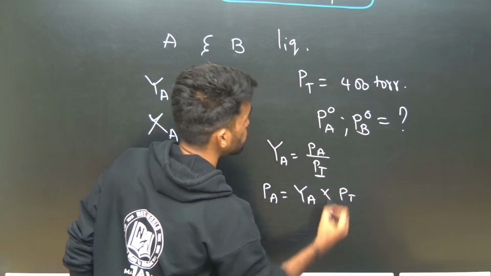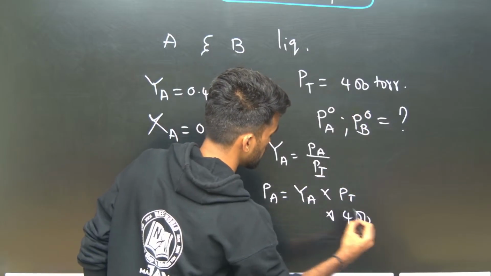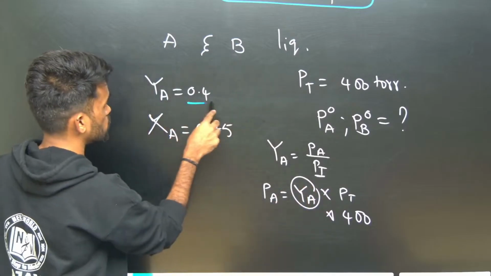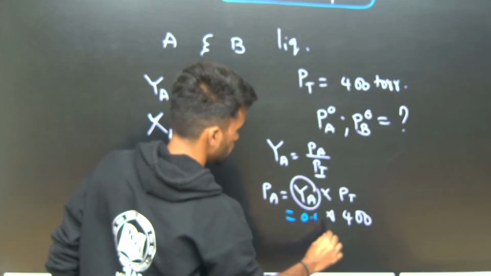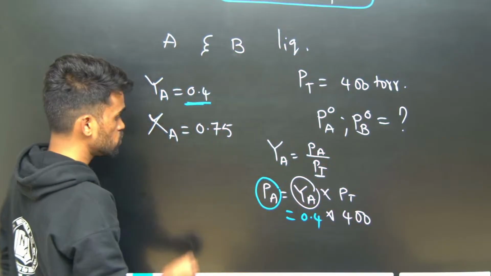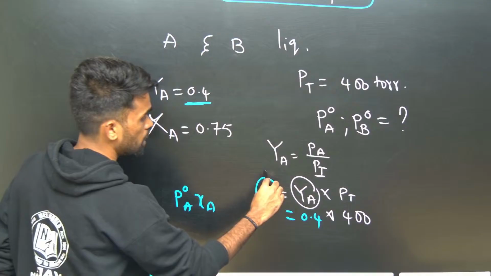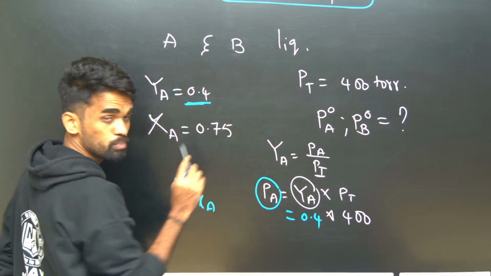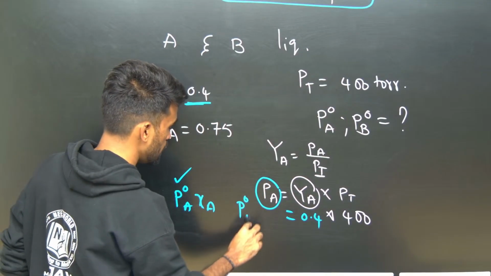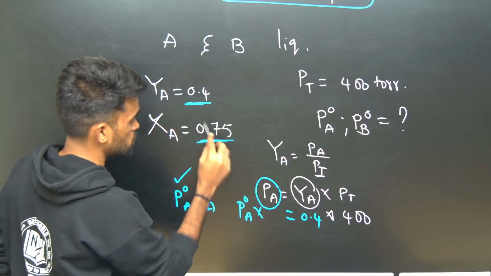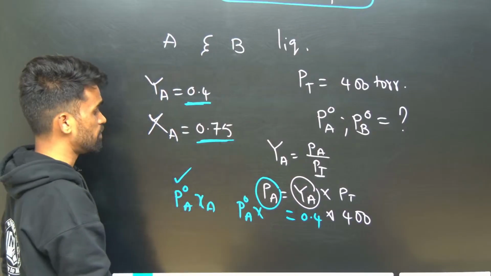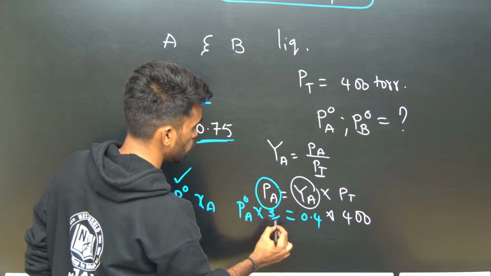P total is 400, and YA is 0.4. What about PA? I can write PA as P naught A times XA, because we need to calculate P naught A, not PA. So P naught A into the mole fraction they mentioned, 0.75, which I can write as 3/4.